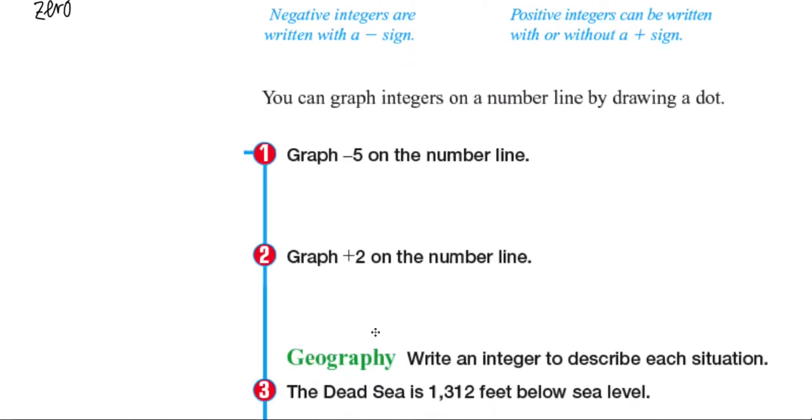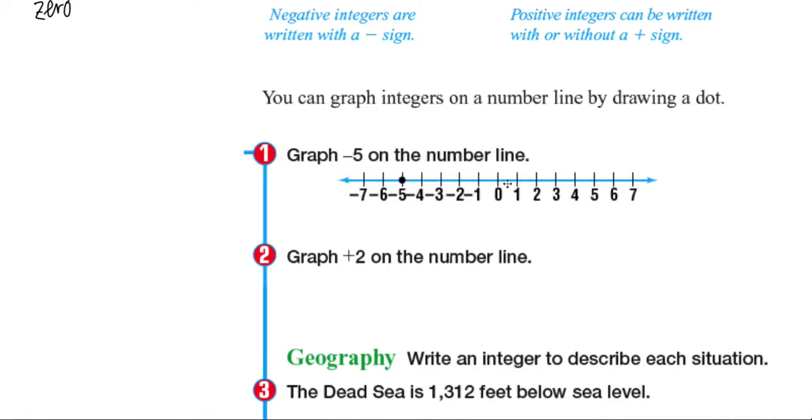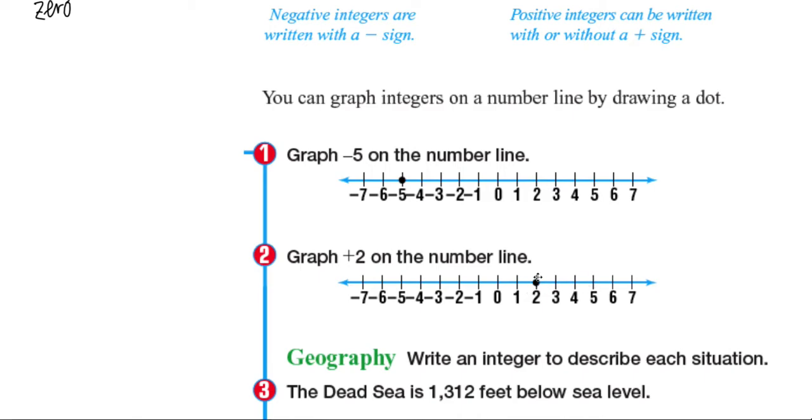Negative 5 graphed on a number line is simply a dot on top of negative 5. Remember, it's not over the number line or under the number line. It's supposed to be on the number line. To graph positive 2 on the number line, again, simply put a dot over positive 2.